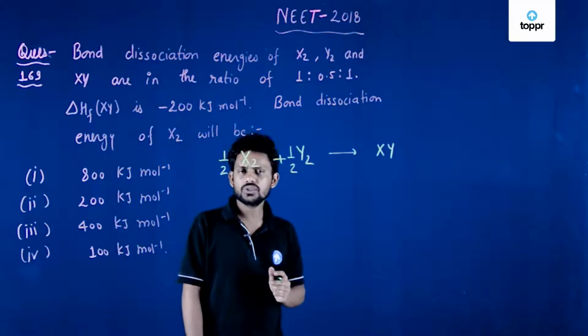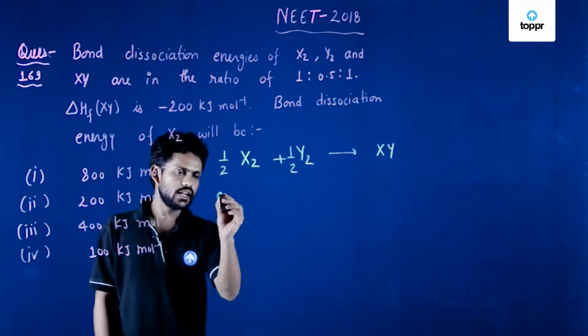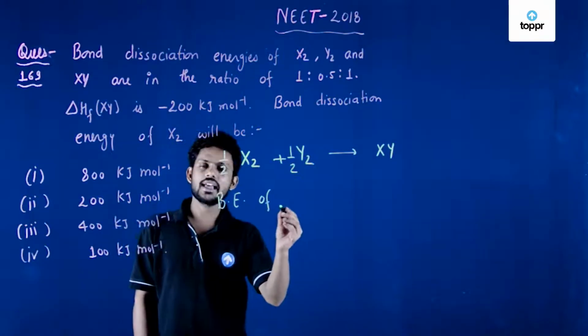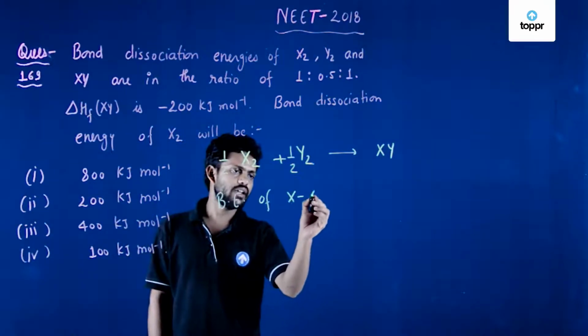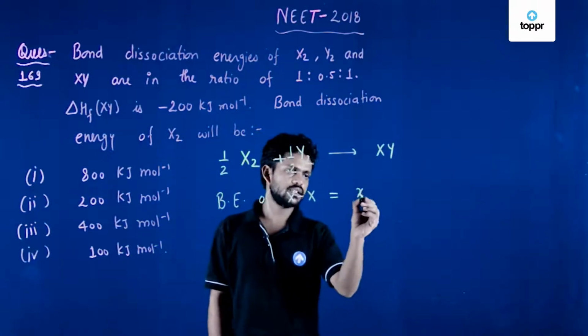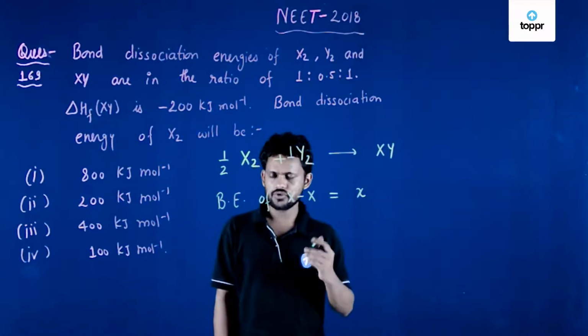Now, the bond dissociation energy, simply bond energy, of the XX bond, that means the X2 molecule, let's assume is x kilojoules per mole.